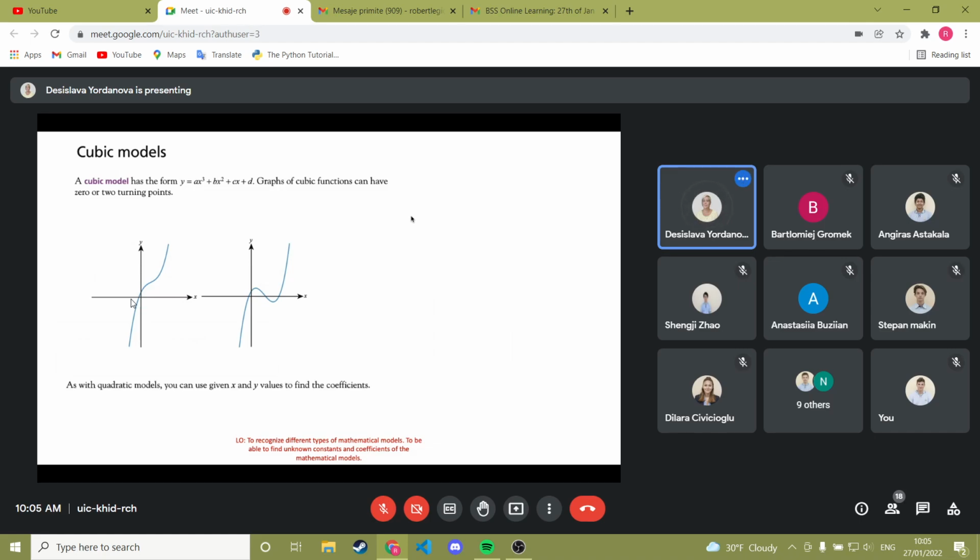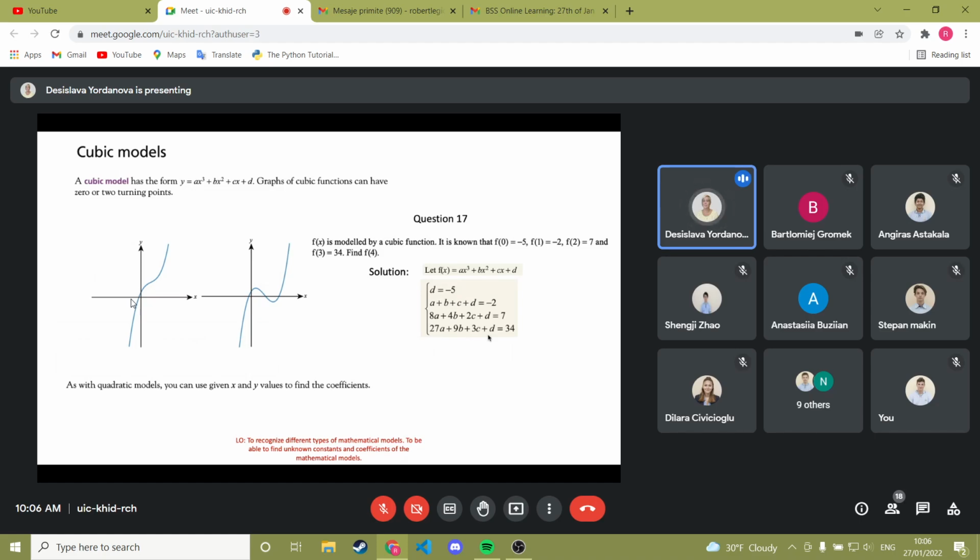So, as with quadratic models, you can use given x and y values to find the coefficients, like in this one, but you will have 4 equations because you have 4 unknown coefficients. So for that one, when you substitute all of them, when x equals 0, y equals -5, when x equals 1, y equals -2, when x equals 2, y equals 7, and when x equals 3, y equals 34, you will get these 4 equations.